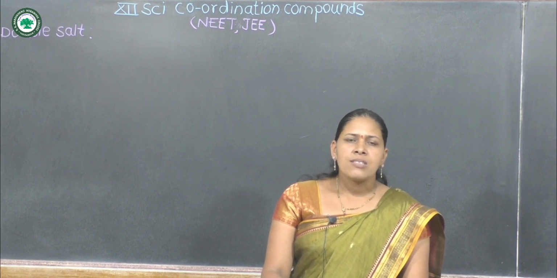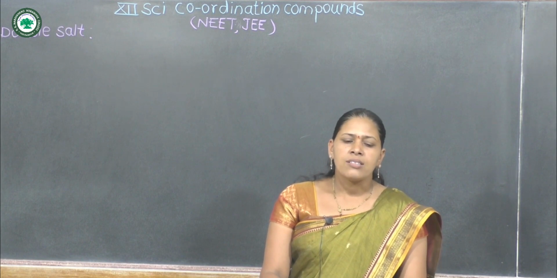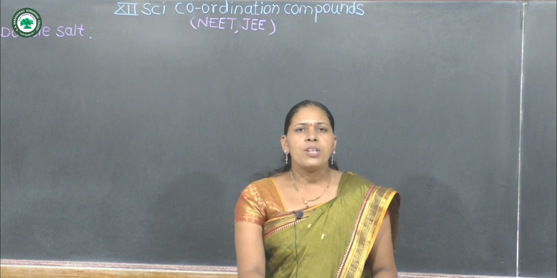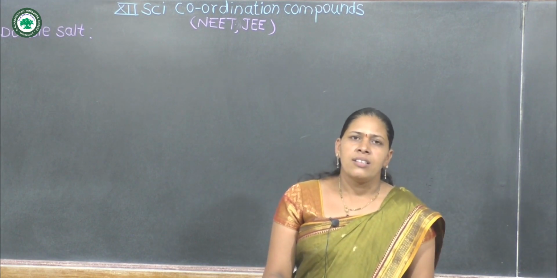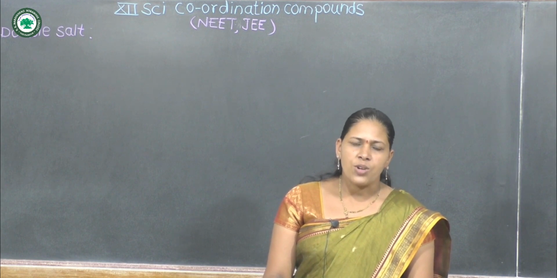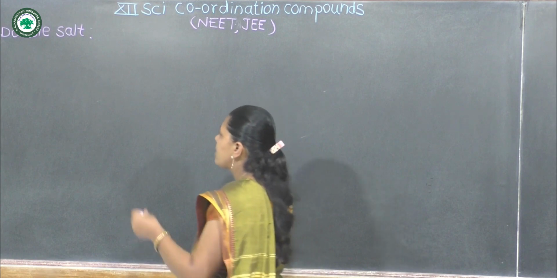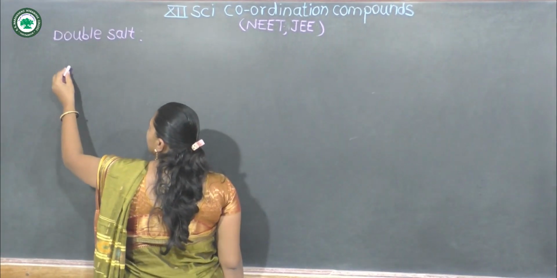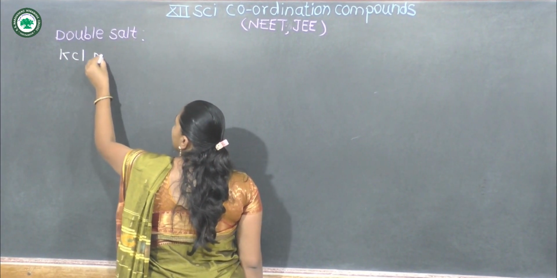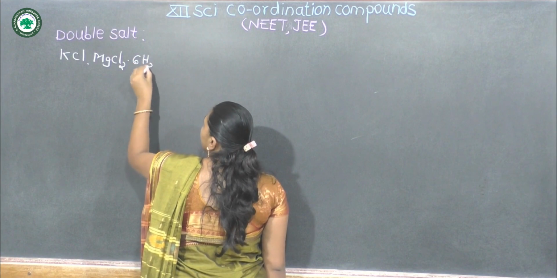Its formula is FeSO4, (NH4)2SO4 and 6 water molecules. The third example is carnallite. Its formula is KCl, MgCl2 and 6 water molecules.